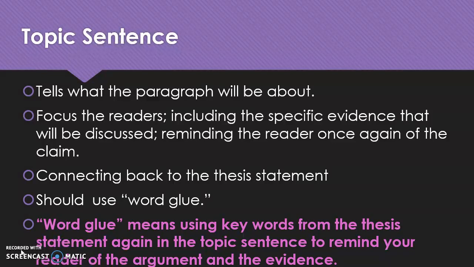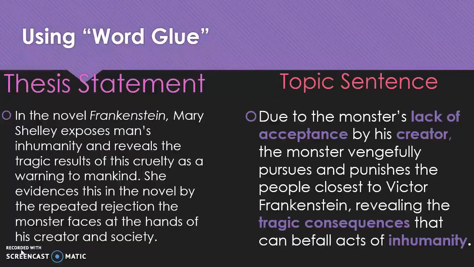So, if your thesis statement is one's low self-esteem leads to misunderstanding when people offer help, you are going to use keywords in that topic sentence. You may use words like misunderstanding or low self-esteem in that topic sentence, okay?